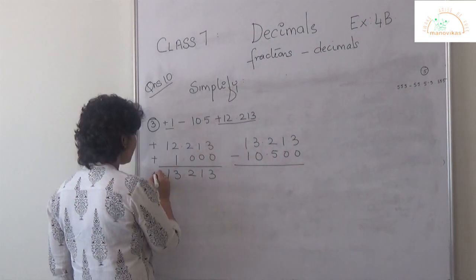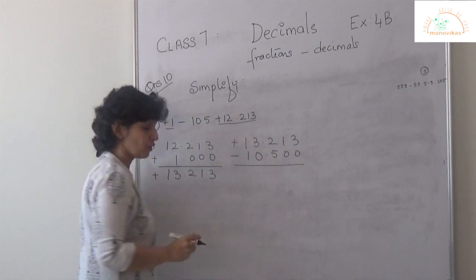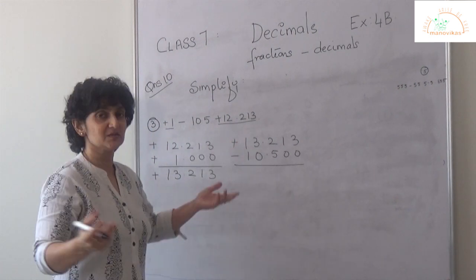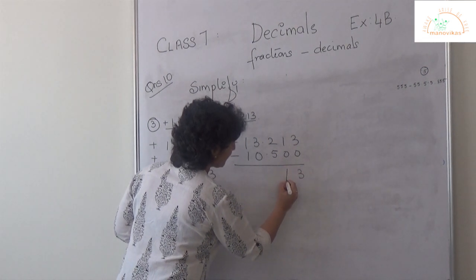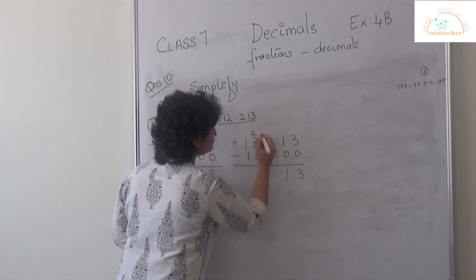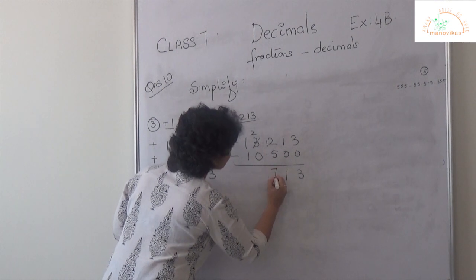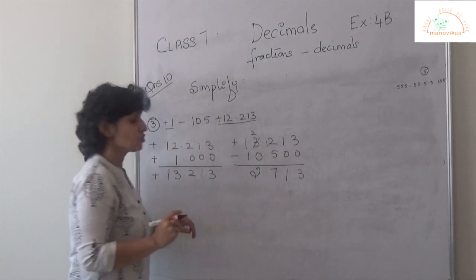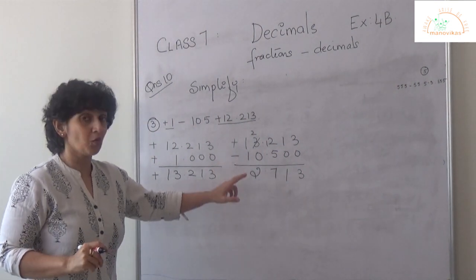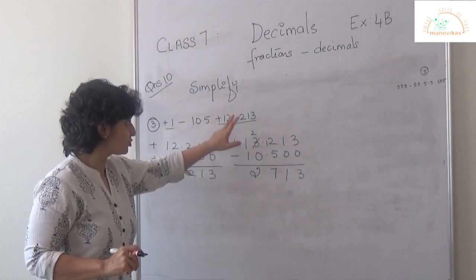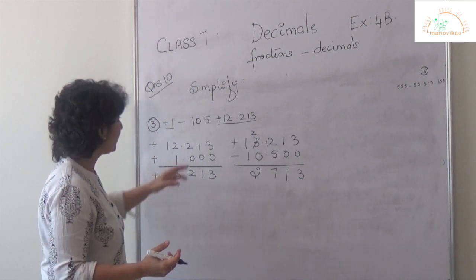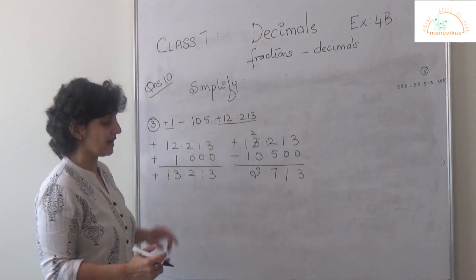You know plus and minus makes it minus. So let me subtract. 3, 1, you borrow 1, 7 and 2. So my answer is 2.713. You can take the two pluses and do it, or you will have to do one sum at a time.